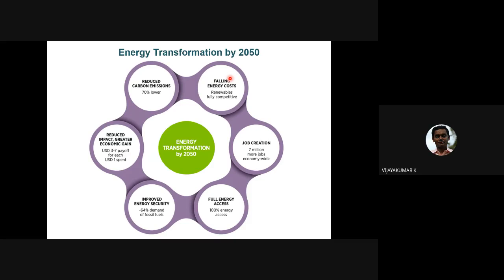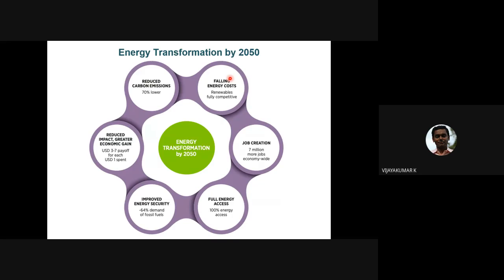In India, we have a separate ministry for new renewable energy sources, the Ministry of New Renewable Energy. If you visit their website, you'll see that electricity generated from wind and photovoltaic systems is getting cheaper. Even six months back, the bidding cost of renewable power was 2.7 rupees per unit.